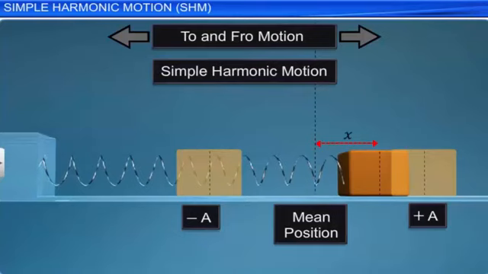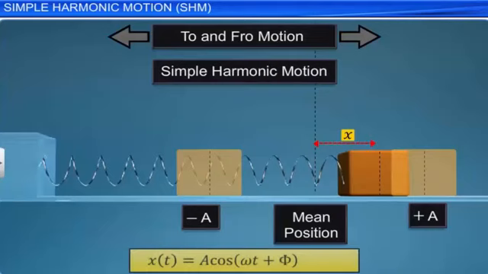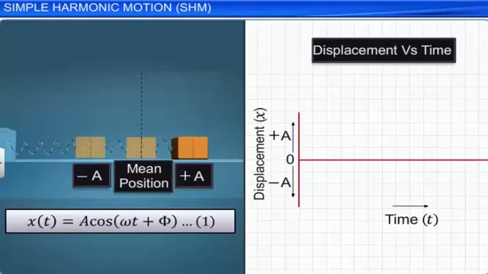The displacement x of a particle in simple harmonic motion can be expressed as x(t) = a cos(ωt + φ). Let this be equation 1. In simple harmonic motion, the variation of the displacement of a particle with time t can be denoted by the displacement versus time graph.